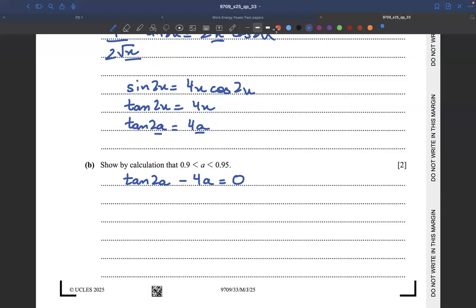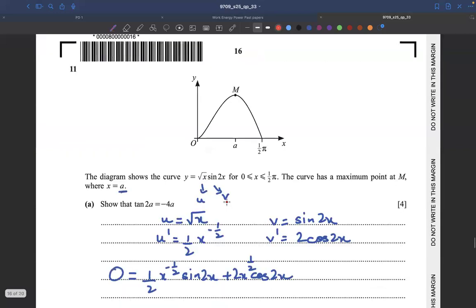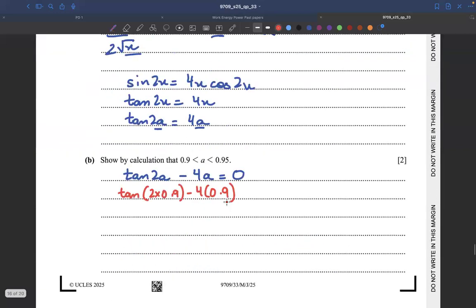Now you'll plug in the value 0.9. So when I do tan 2 into 0.9 minus 4 into 0.9, we have to make sure the calculator is in radian mode. So converting the calculator first to radian mode, we'll write it as tan of 2 into 0.9 minus 4 into 0.9, and we are getting minus 7.88.